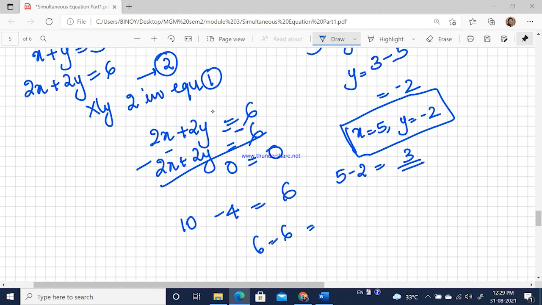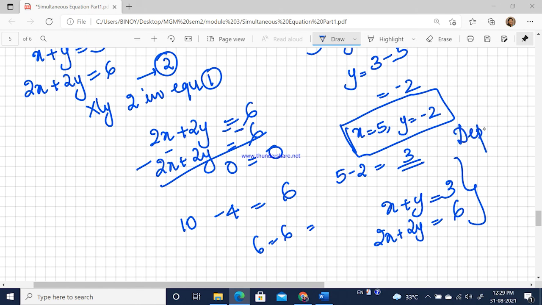So, we can clearly see that x plus y is equal to 3 and 2x plus 2y is equal to 6. We said that it is dependent. Why is it dependent? Because they are really the same equation.